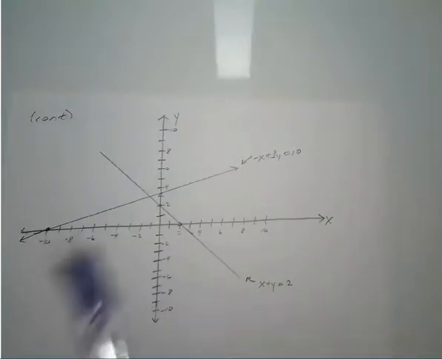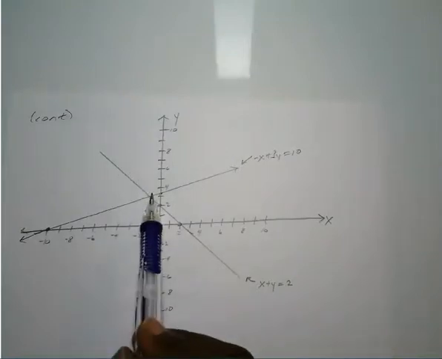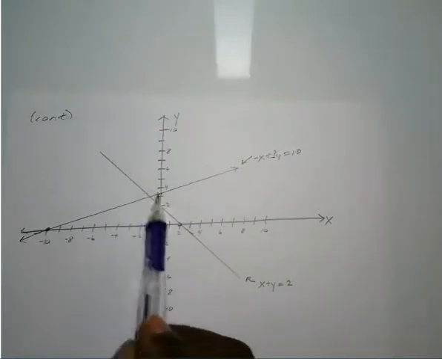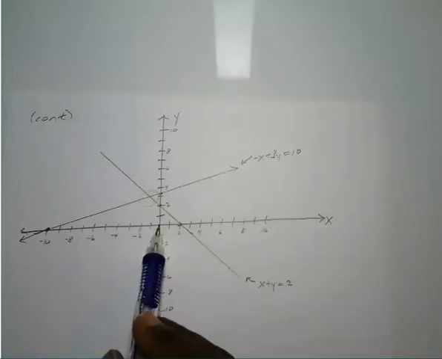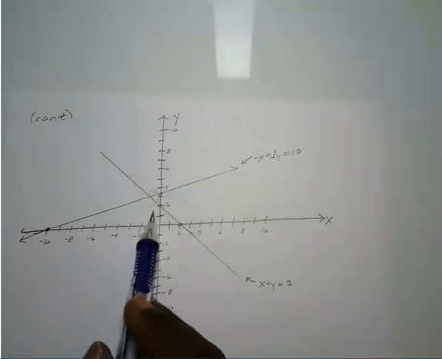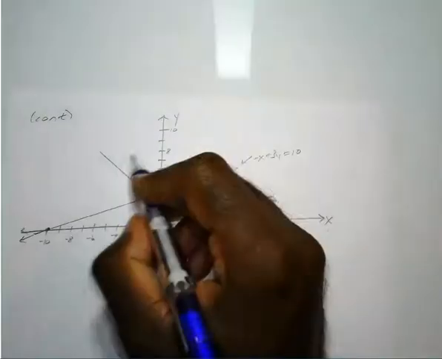Now we look at where they intersect. It intersects right here. It looks like they intersect at negative 1, 3.